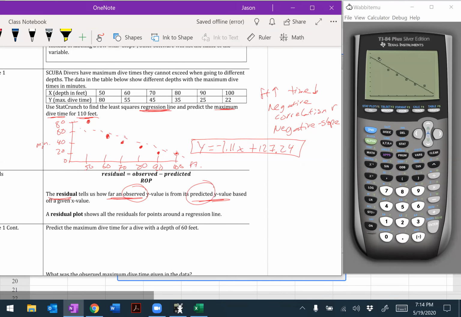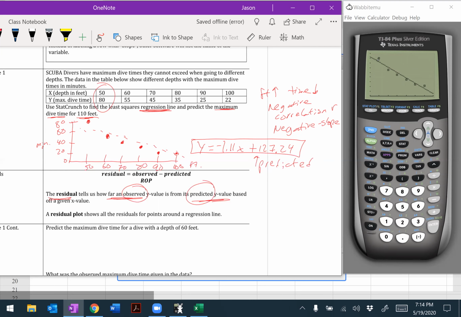So the observed was, say for 50, for a depth of 50, we observed a max dive time of 80. Okay, so 50 feet, that's observed. The predicted is based on my line of best fit. This is the predicted amount.